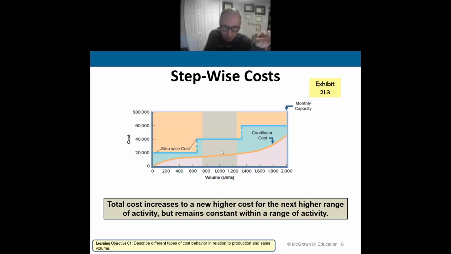In other words, up to this amount of units produced, then I have to add something, and so it raises the cost up until this level of units of production, then I have to add something, the cost goes up. It's similar with this curvilinear cost.